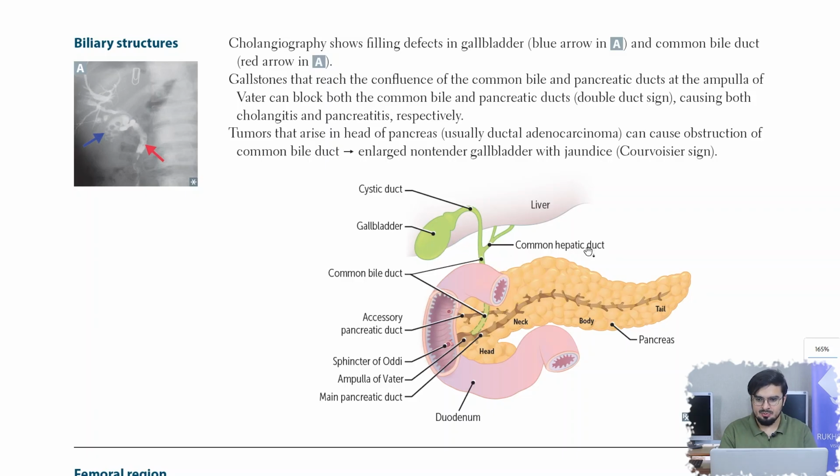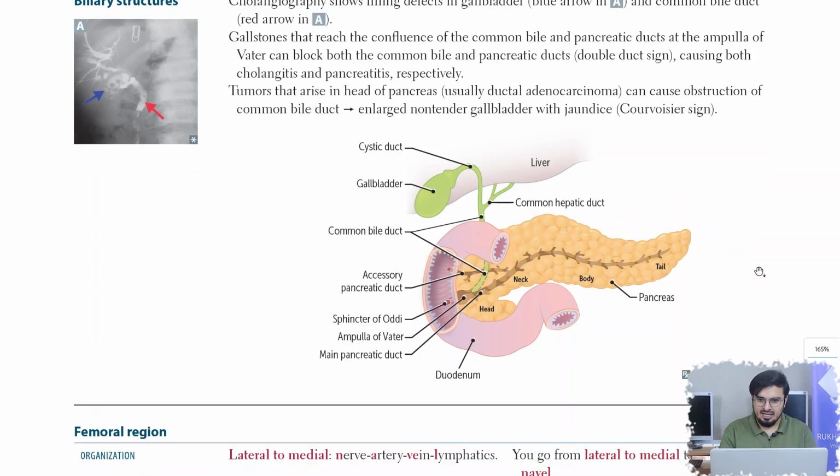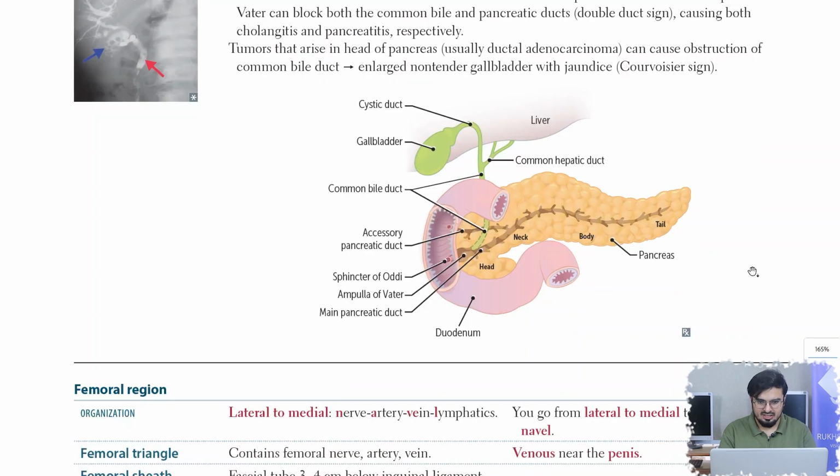That's why we experience pain in a patient with cholecystitis in the right hypochondrium. But in cases of adenocarcinoma, the gallbladder will be non-tender, known as Courvoisier's sign. So that's a key point highlighting that there might be some malignancy happening in the body of a patient for which we need further studies.